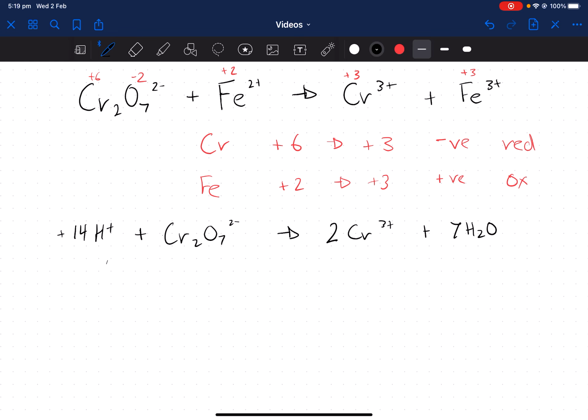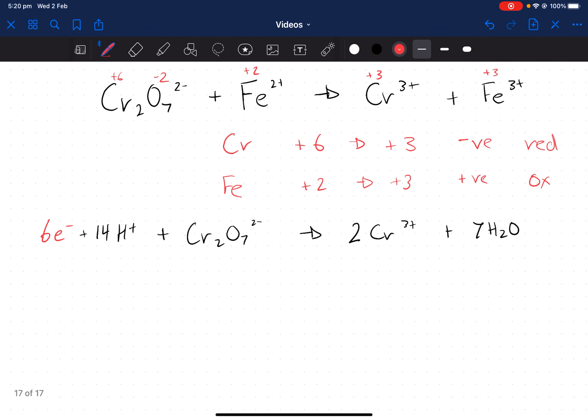Hang on, I've got to do this properly. So 14 minus 2 is 12. On this side, we've got 2 times plus 3, so we've got positive 6. So we've got 12 on this side and 6 on this side. So we need to get rid of 6 over here. So this is going to become 6 electrons, not 12. Hopefully that made sense. All right, so that should now be balanced.